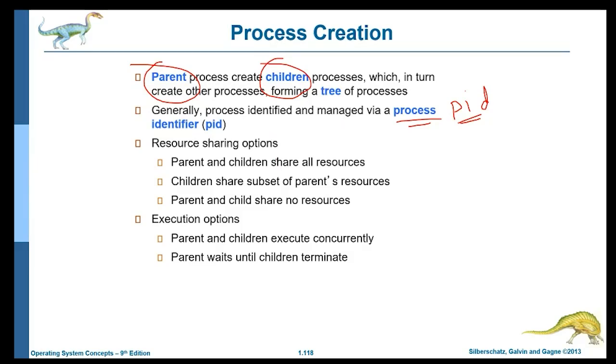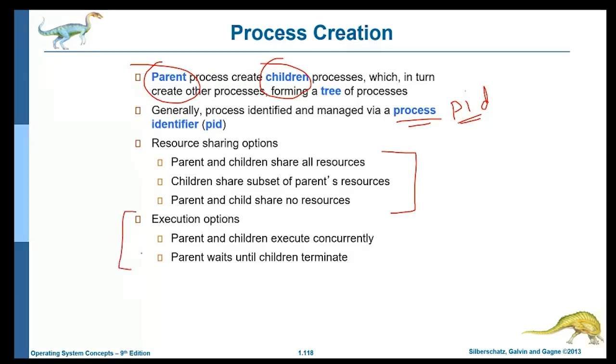When a process gets created by a parent, there are different options. The parent might request that the parent and the child share all resources like memory, files, and different things completely, or only a subset of the parent's resources are shared by the child, or they do not share anything. We will look at all of these things in detail in the chapter on threads.